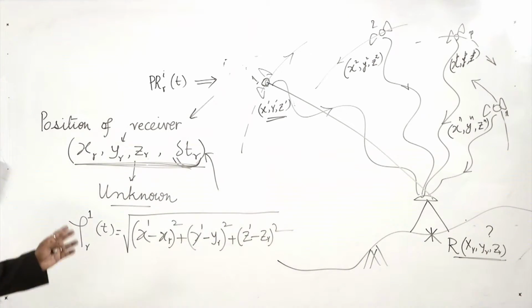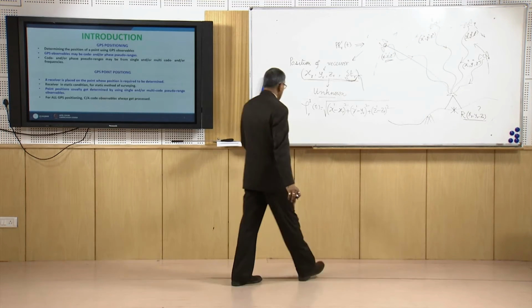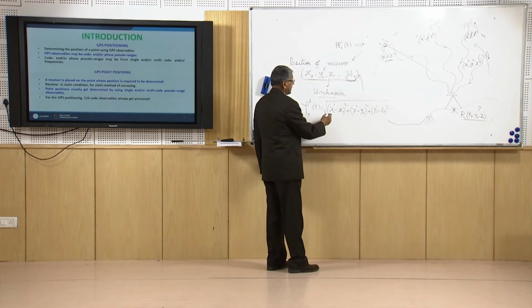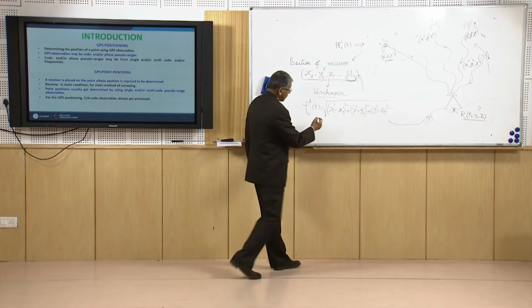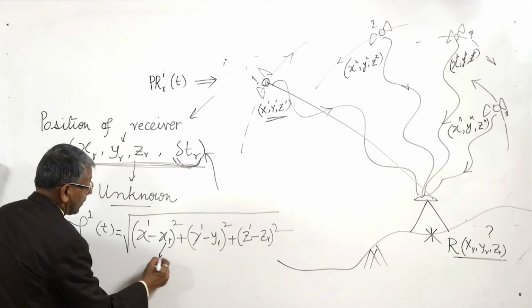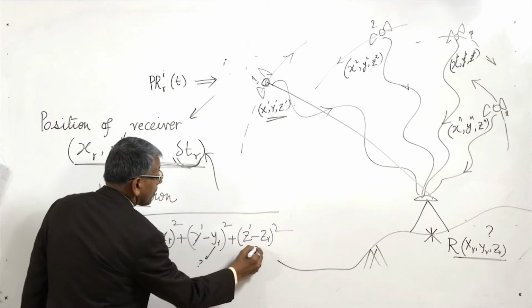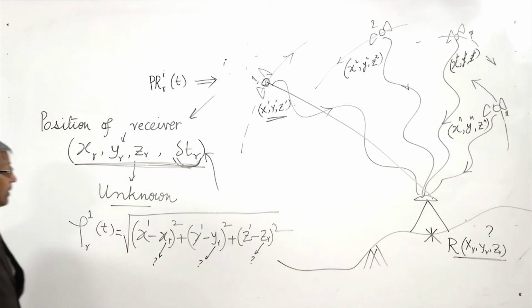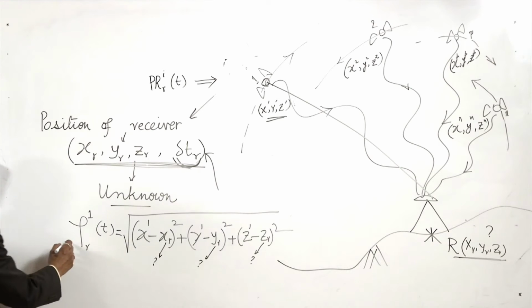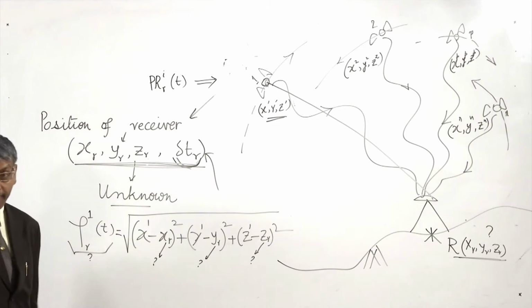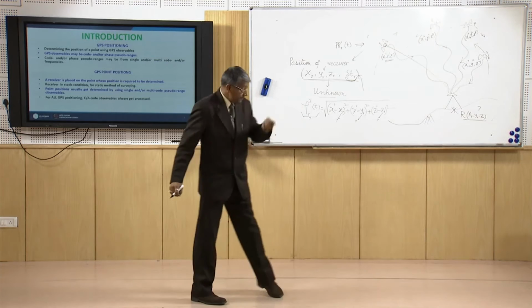All of you know this is the distance equation. But we do not know what this value is, so we will not be able to know it. There lies the problem.